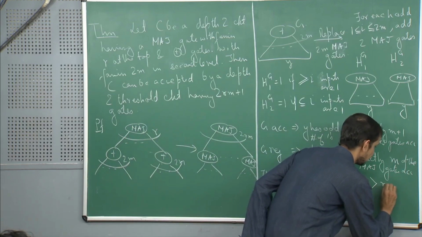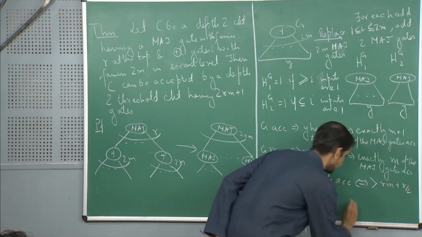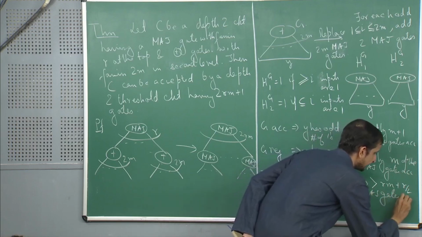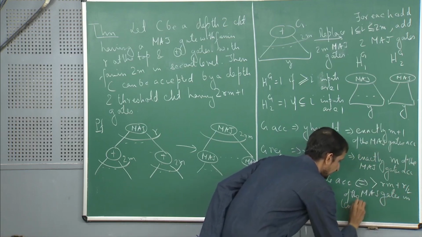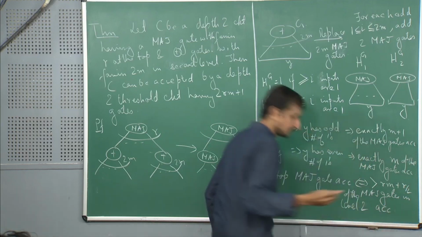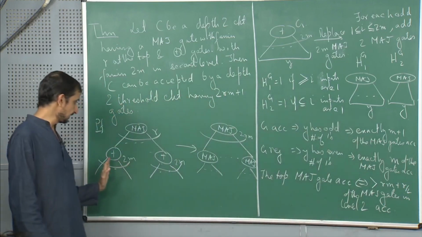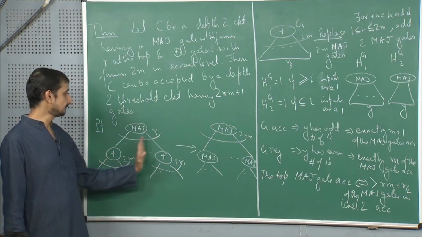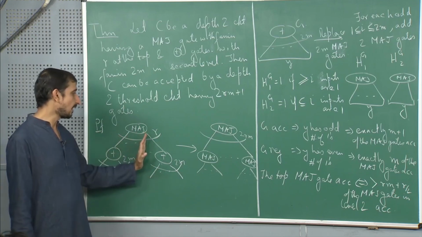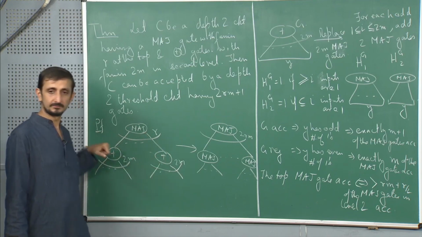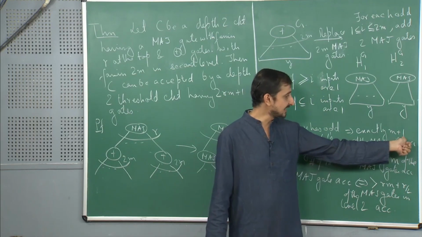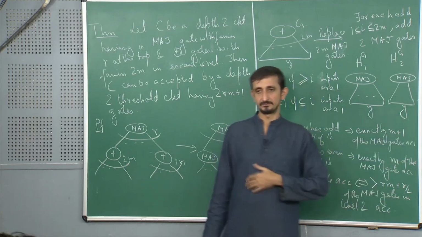So when greater than Rm plus R by 2 of the majority gates in level 2 accept or output 1. Because that means I have at least greater than R by 2 many ones from here. Those R by 2 would contribute to an extra one over here, and that is what I need.